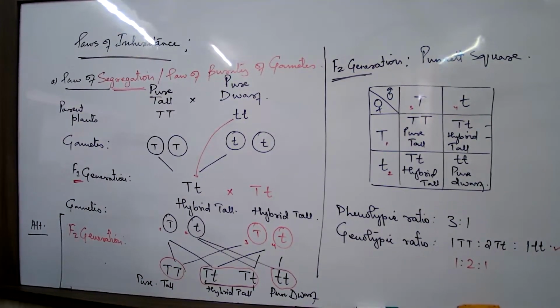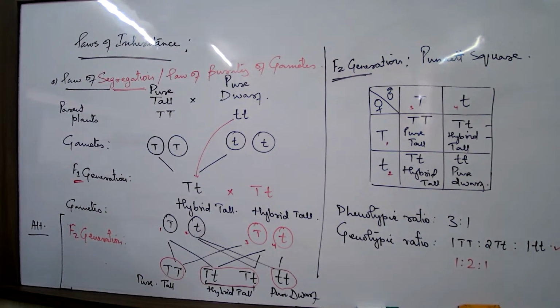Keep 1 line for the answer. Sub-question C. What proportion of plants?